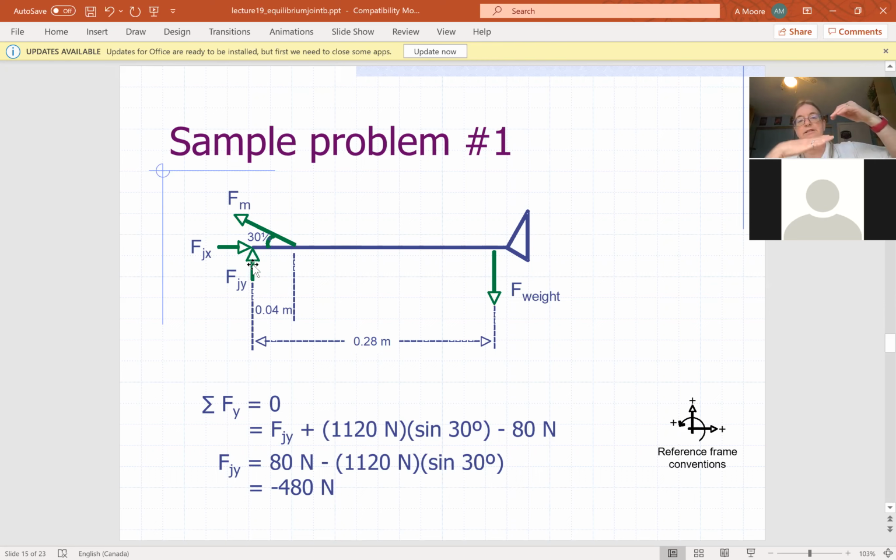So in fact, the femur is pushing down on the tib this way to prevent the tibia from shooting up, because the muscle is literally trying to pull it up and the femur has to hold it down in place.